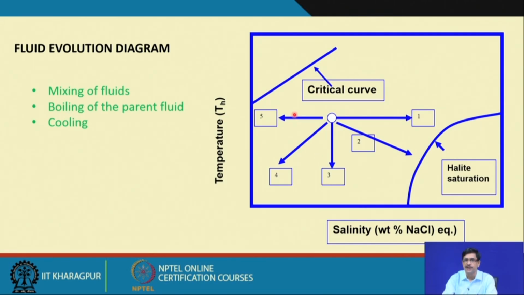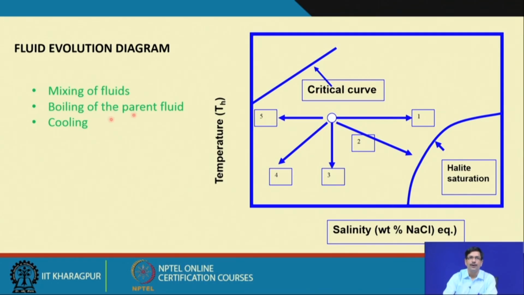We can plot them as scatter diagrams, and depending on the nature of those scatter points, we get certain well defined trends. This trend is shown here on the horizontal arrows. There could be mixing of fluids of different salinity. This particular trend would be for boiling, this could be for cooling, and this also could be for mixing.